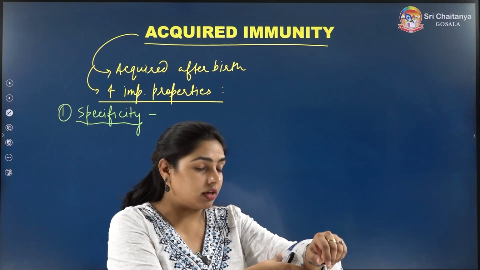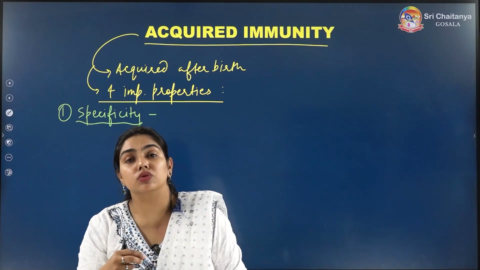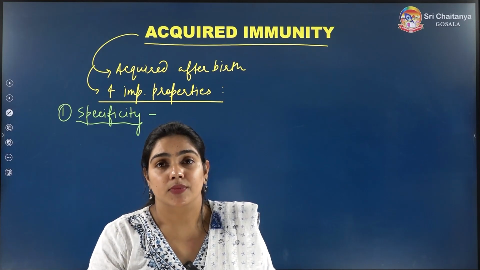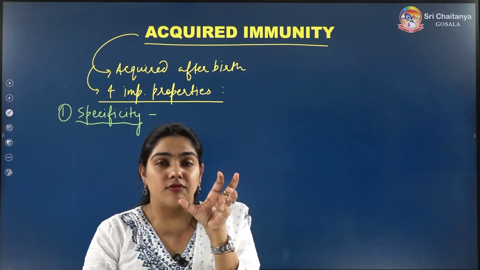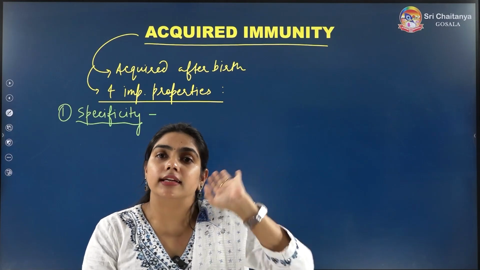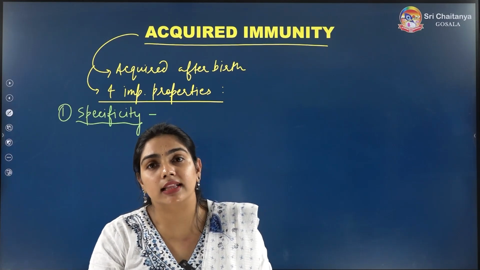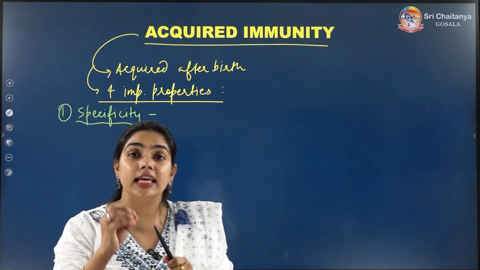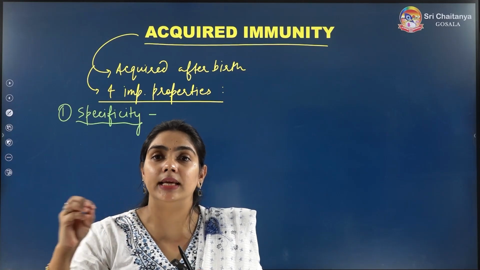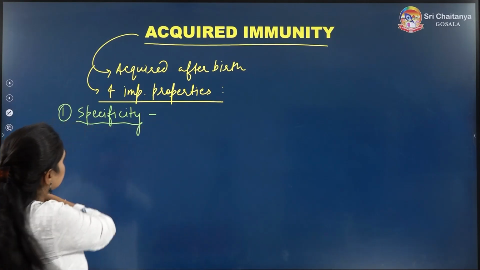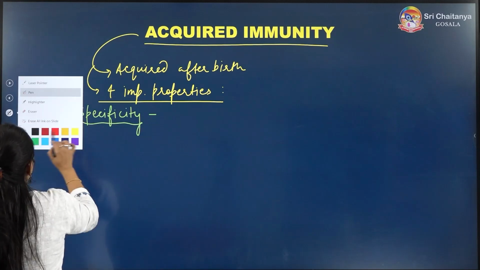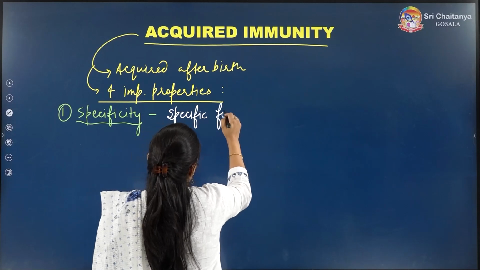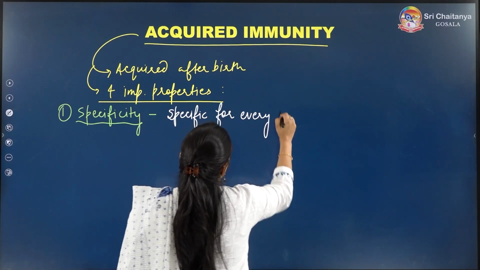For every pathogen we have different types of antibodies getting produced. It's not like one type of antibody can kill all types of pathogen. No, it's not like that. Acquired immunity deals with every pathogen specifically, differently. So it is specific for every pathogen.